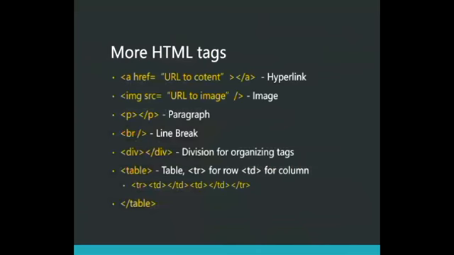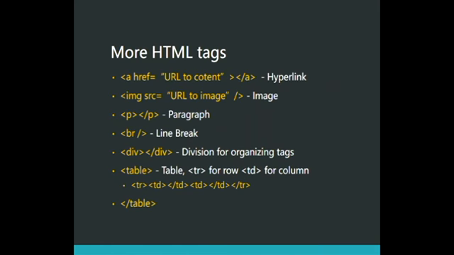And there are a couple more HTML tags you can use. The first one is the A tag, which is essentially a hyperlink. So it's those blue links on web pages you saw with the underscore. If you click on it, it'll lead you to a different location. It can be a different web page, or it can be a different location on the same web page.